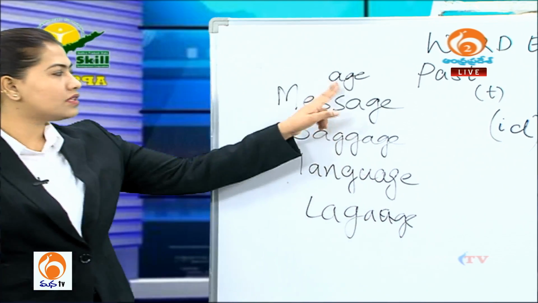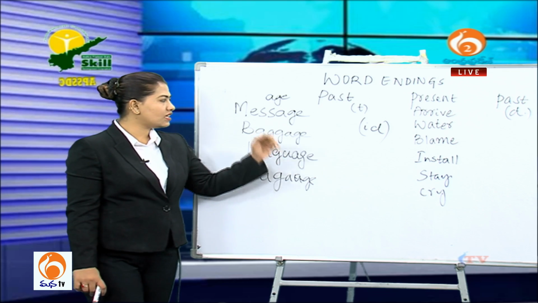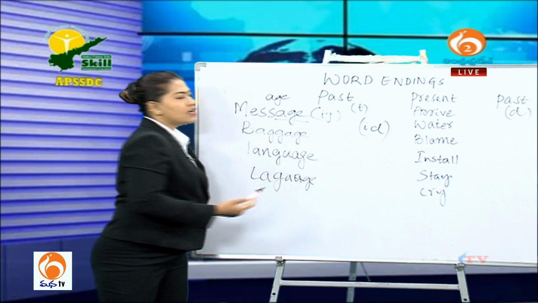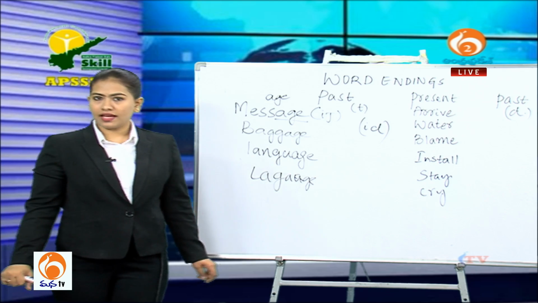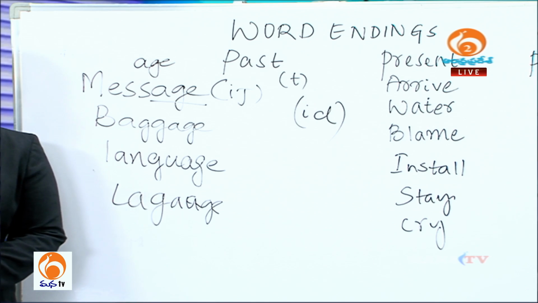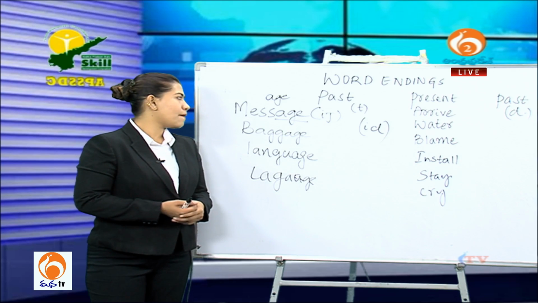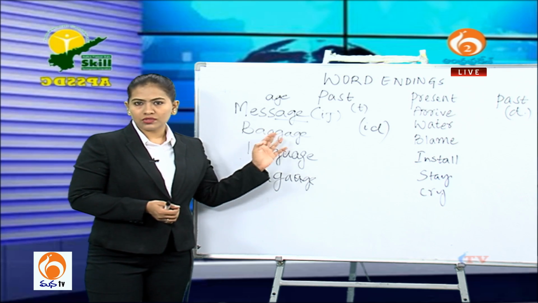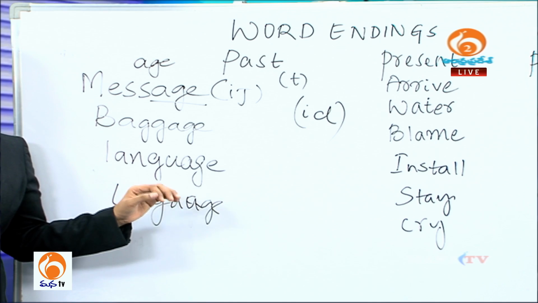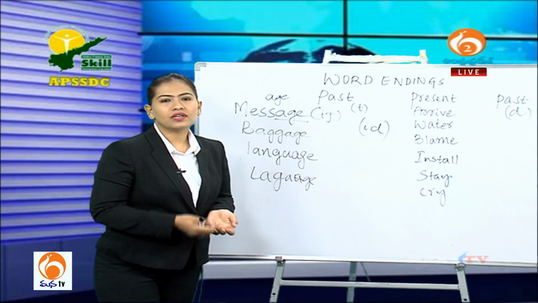Words ending with AGE have a different pronunciation rule that we follow: we take these words very close to the IJ form. A word like message would not be read in full, but instead we cut it to make it crisper, more specific, so it is pronounced message, baggage, language, luggage, cabbage, because it's very close to the IJ form in terms of pronunciation.